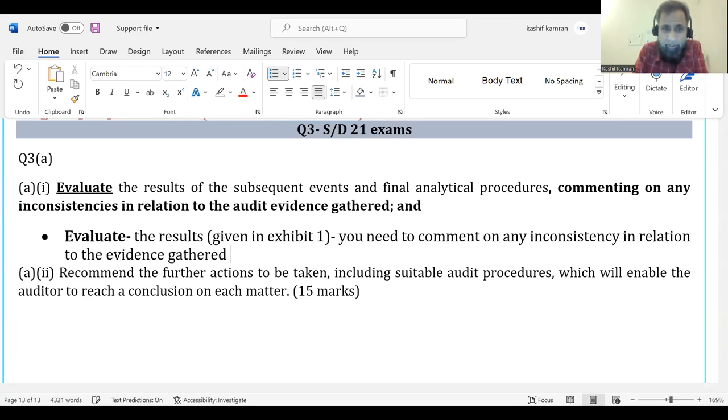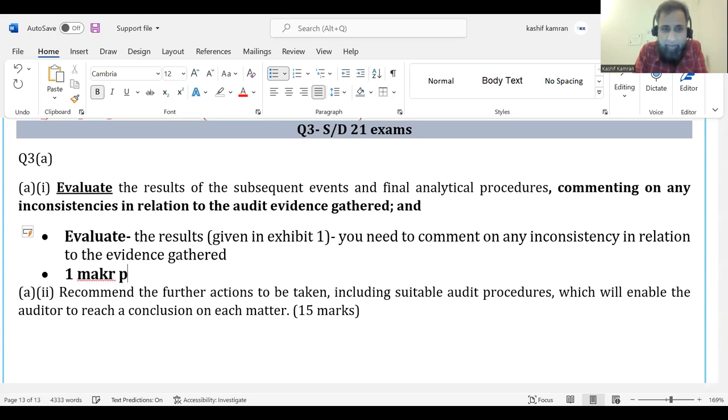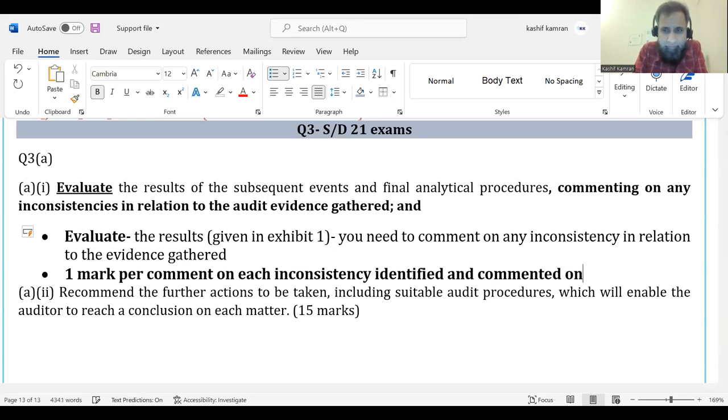And every comment you do, 1 mark per comment on each inconsistency identified and commented on. Right? Is that clear?